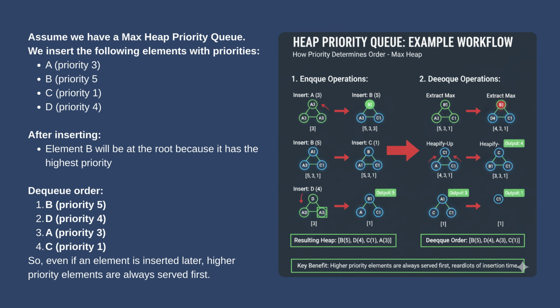The DQ order is B, D, A, C. So, even if an element is inserted later, higher priority elements are always served first.